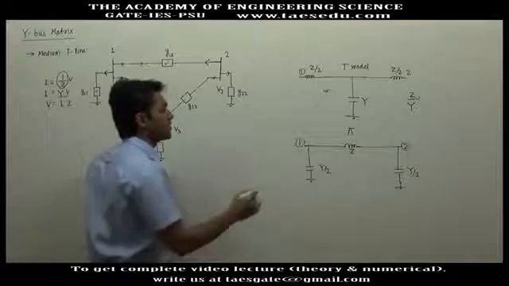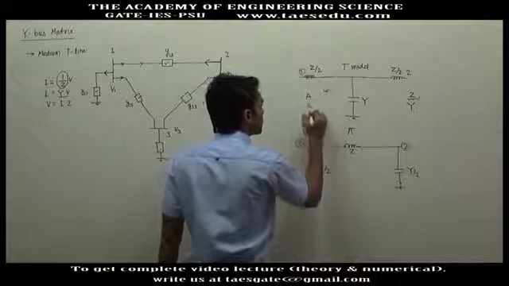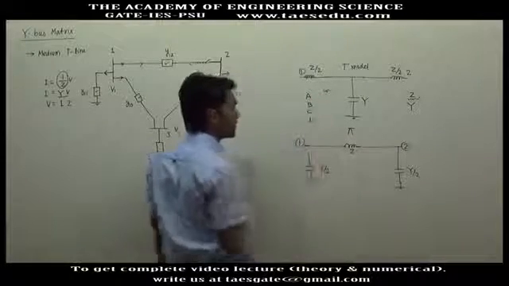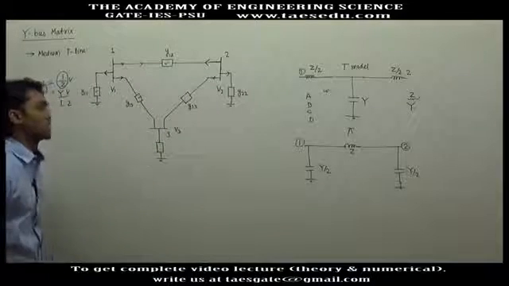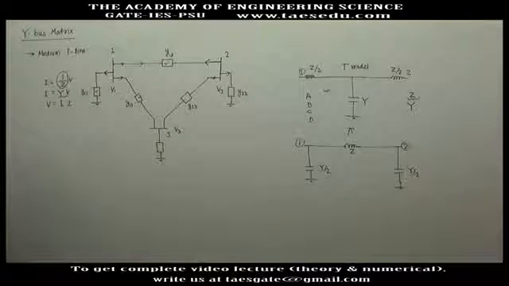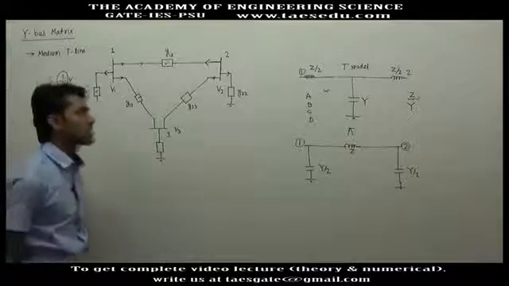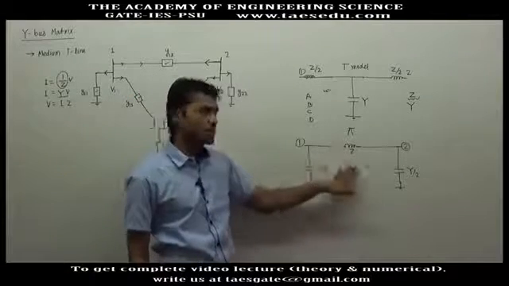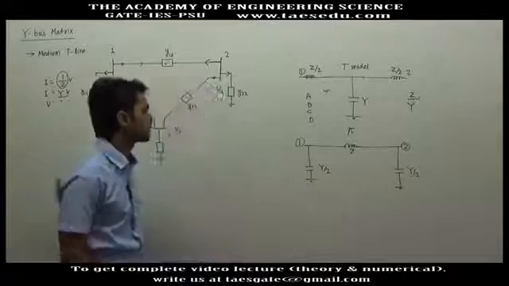In both cases, we have derived the ABCD parameters of the medium transmission line, and also for the long transmission line. So even if the ABCD parameters are given, you can find the pi model of the transmission line.